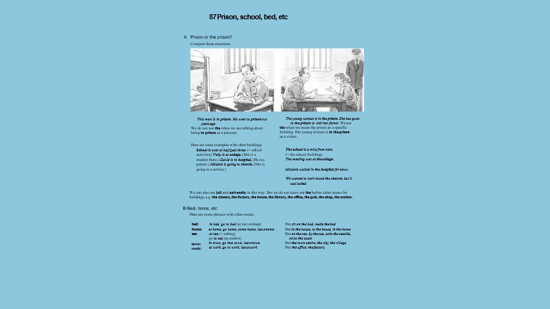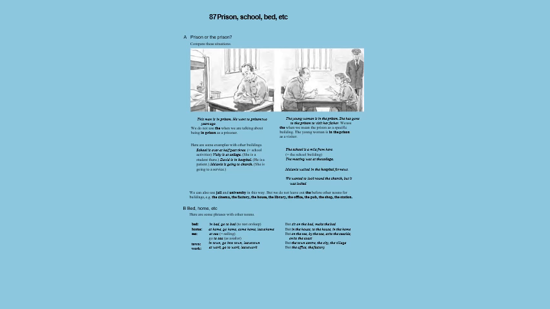Let's look at them. First, look at the first picture. What is written underneath it? This man is in prison. He went to prison 2 years ago. We do not use the when we are talking about being in prison as a prisoner.